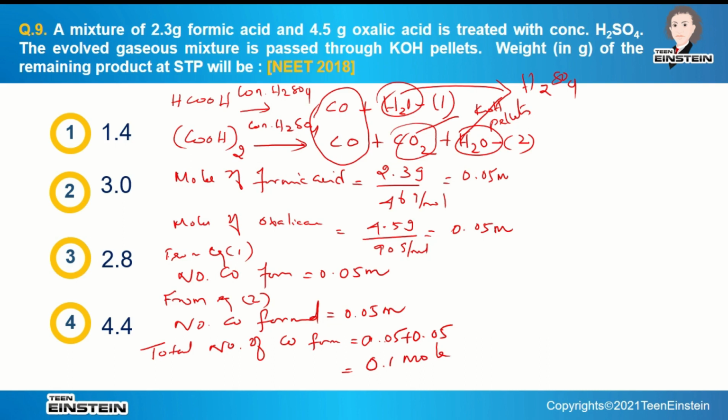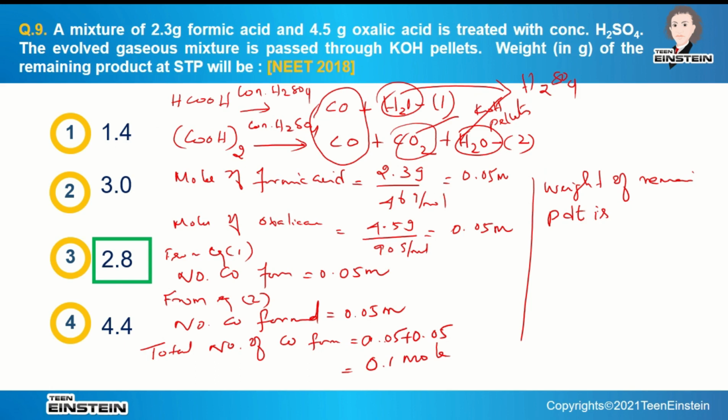So thus the weight of the remaining product, that is the weight of remaining carbon monoxide, is 0.1 mole into 28. This one is the molar mass of carbon monoxide.